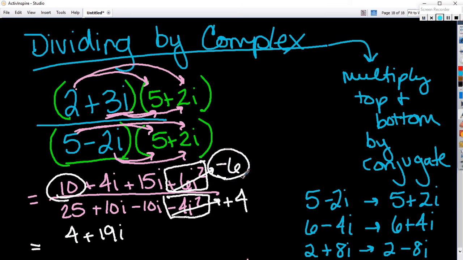How do you get 4? 10 and negative 6. All right, look at the bottom. Numbers without i. 29. How about numbers with i? 0. Remember, that was the goal, that we didn't have any i's in the bottom.